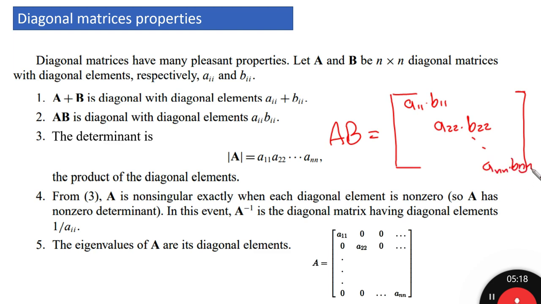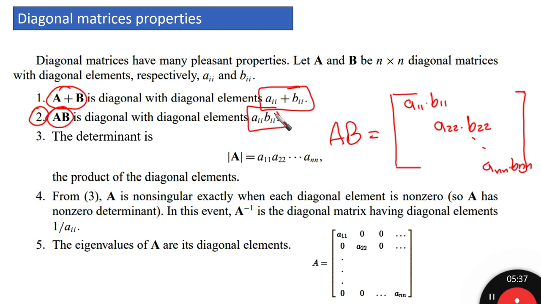So this second property is related to the product of two diagonal matrices, and the previous one was related to their addition. The diagonal elements are super easy to calculate in both cases.